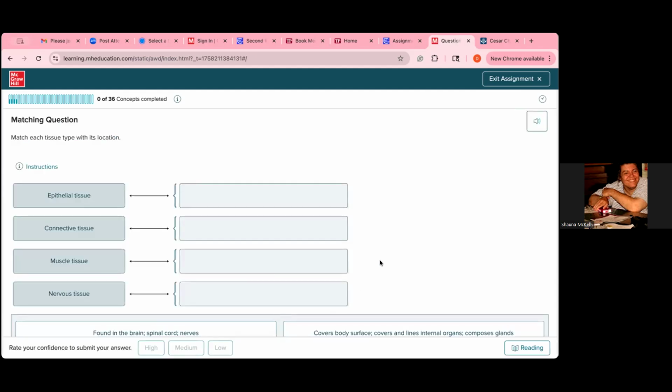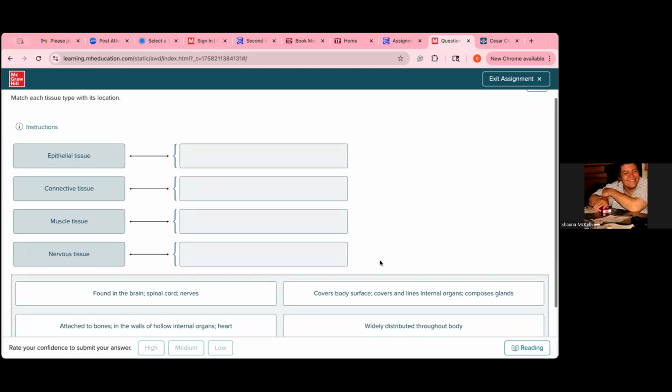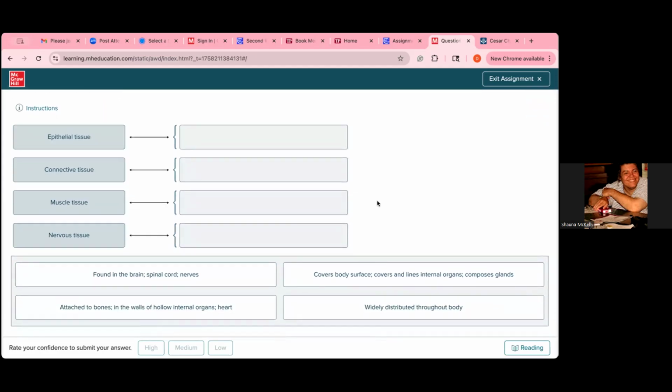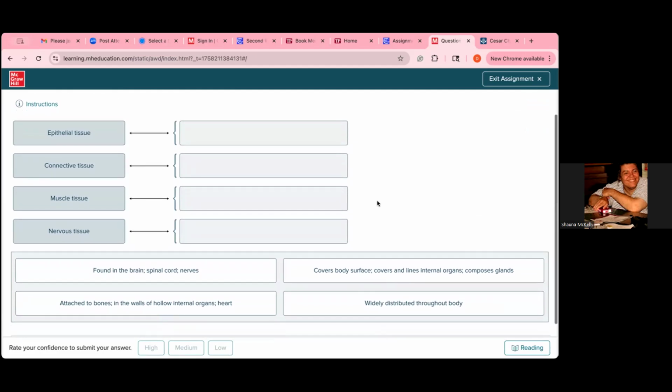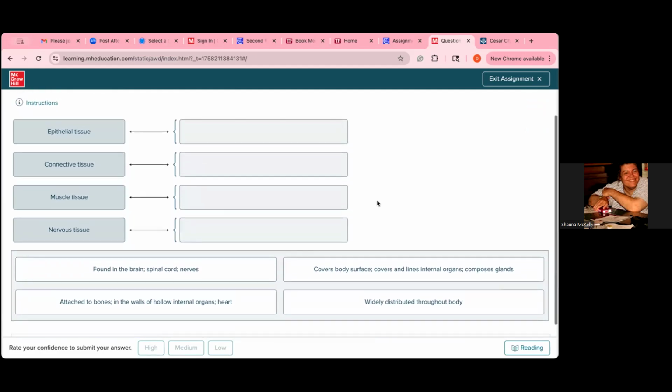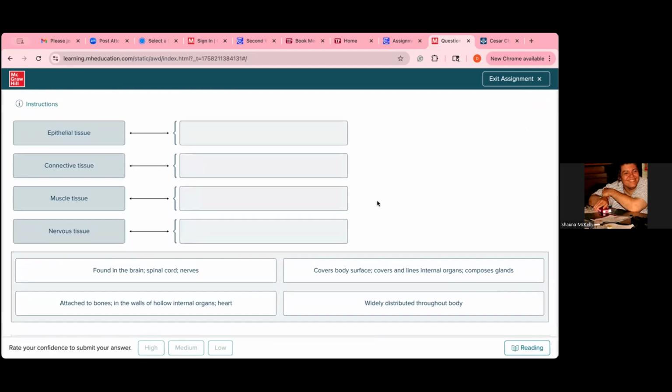Now match each tissue with its location. Found in the brain, the spinal cord, and the nerves. What kind of tissue is that?